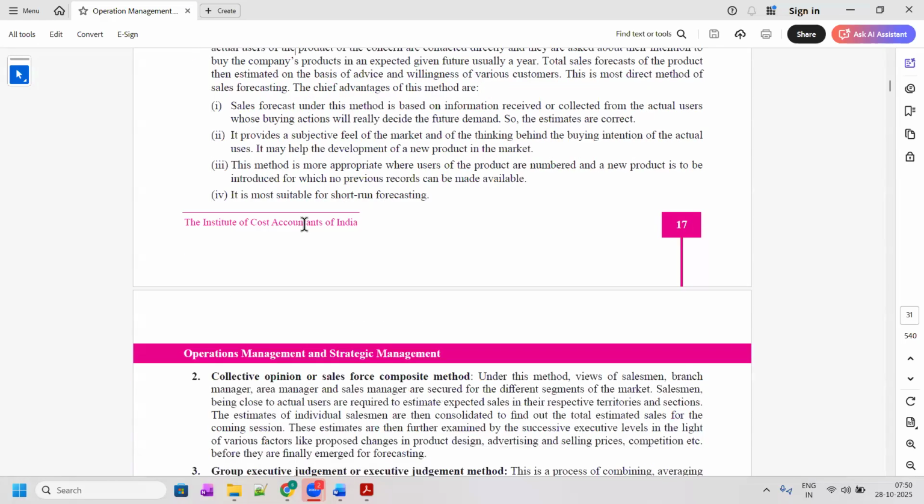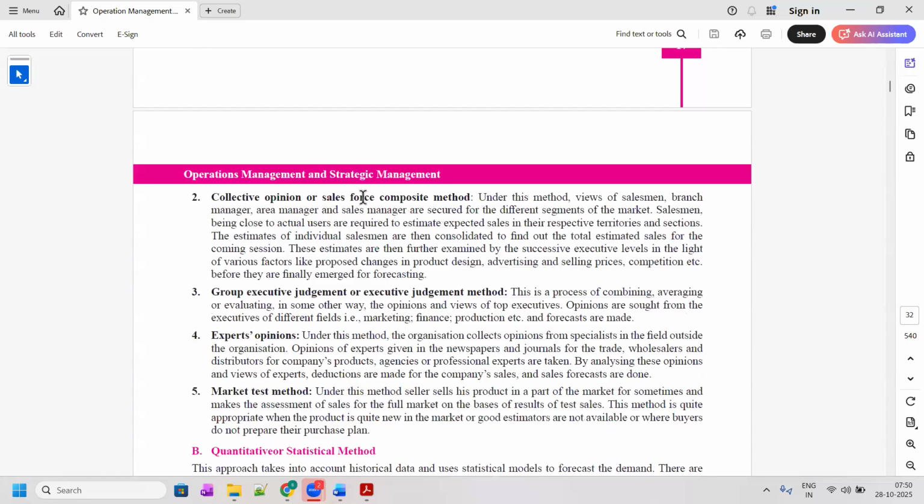The next method they are talking about is the collective opinion or Salesforce composite method. In the Salesforce composite method, the salesman, branch manager and area manager estimate how much they can sell in the region. You have all heard this, where everyone, department wise, makes a plan and tells their superiors how much business they can do.